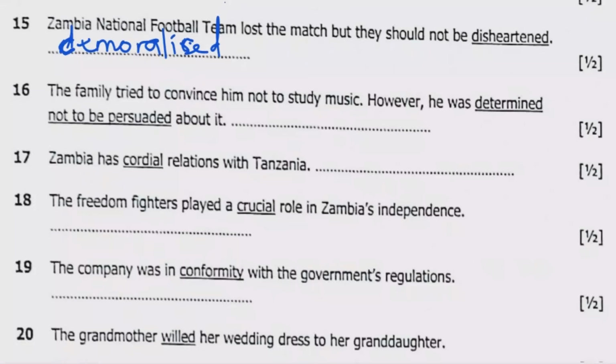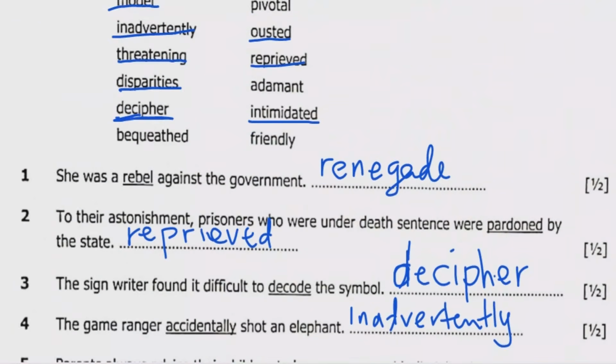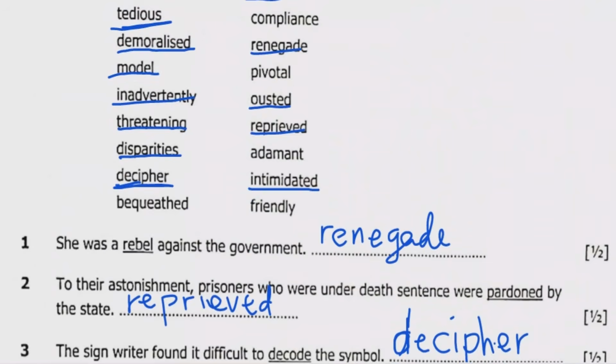So what word means the underlined words, determined not to be persuaded? That means he was not willing to change his mind. He really wanted to study music. So let's look for the word that means the same as not willing to change his mind. That is adamant.